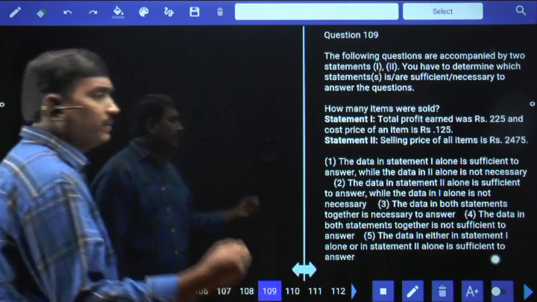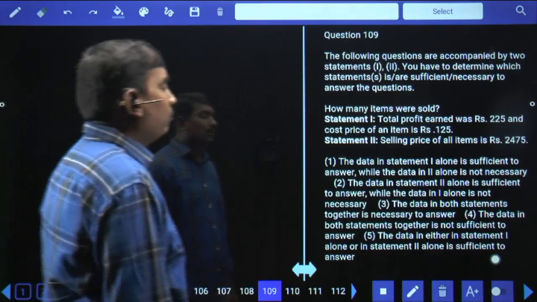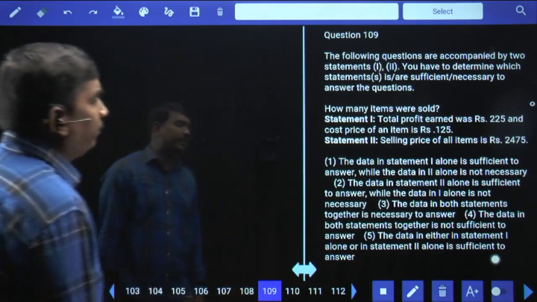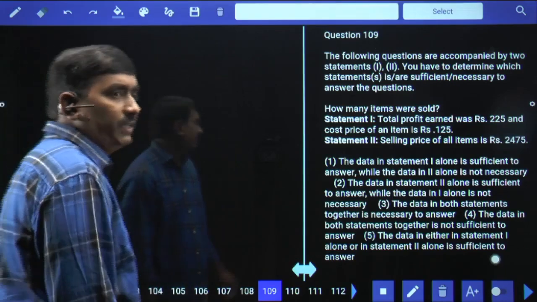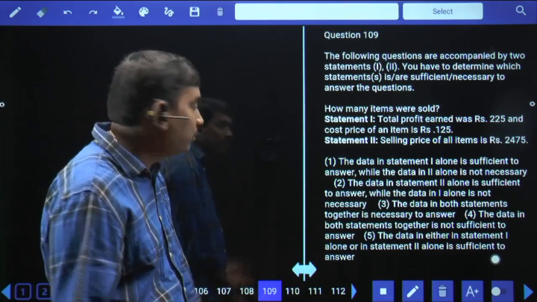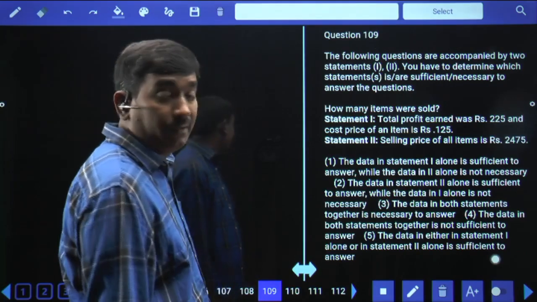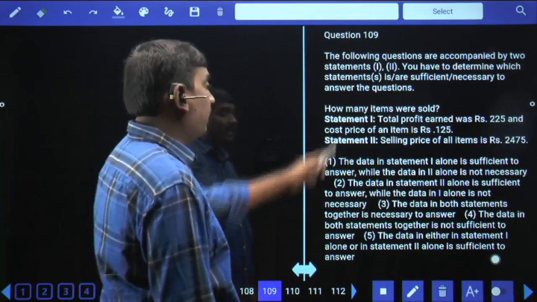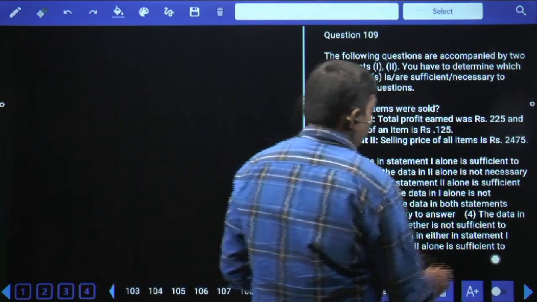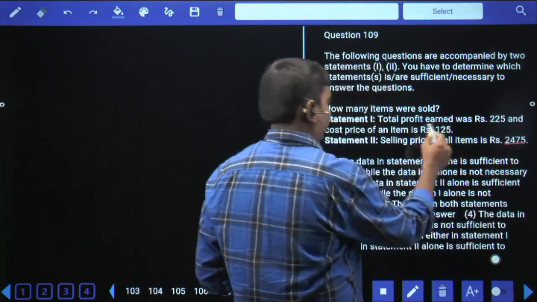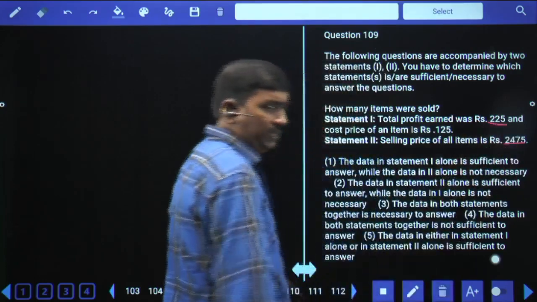How many items were sold? Total profit earned was 225 rupees and the cost price of an item is 125 rupees. Not possible. The selling price of all the items is 2,475 rupees. Not possible. By combining 1 and 2, total selling price minus total profit is nothing but the total cost price.